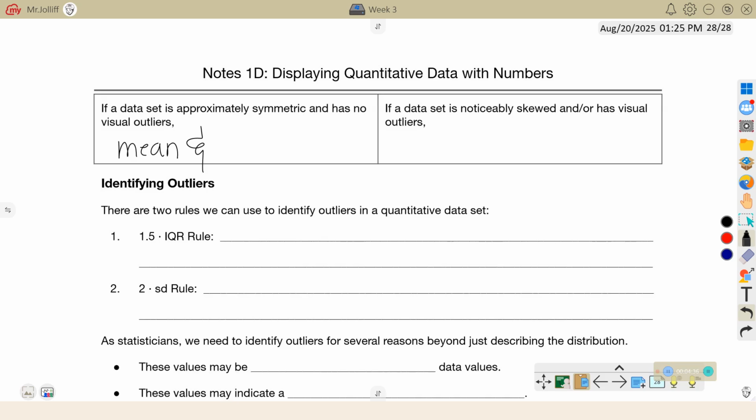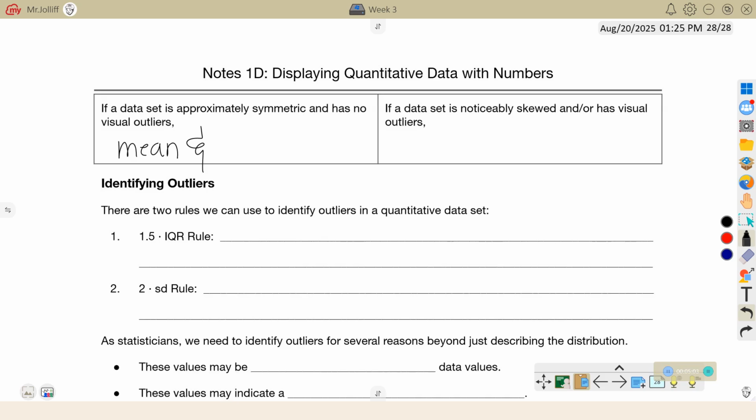Which one uses the mean in its calculation? Oh. What'd you get, Andy?